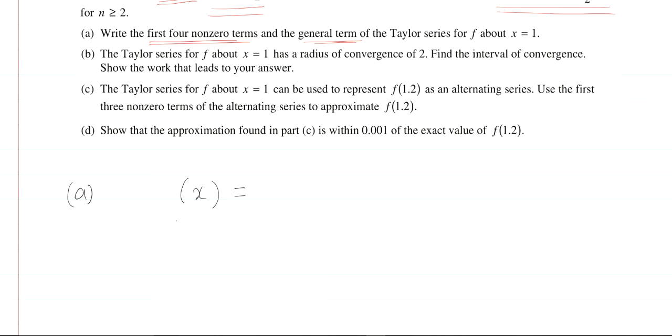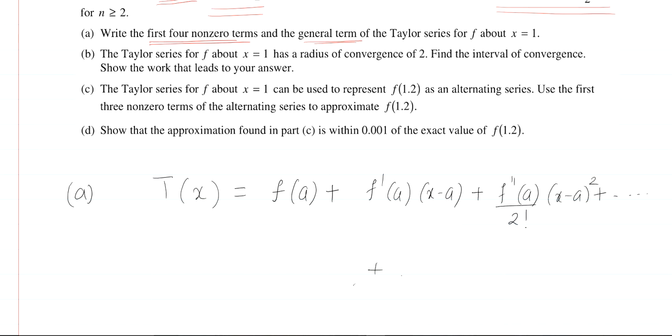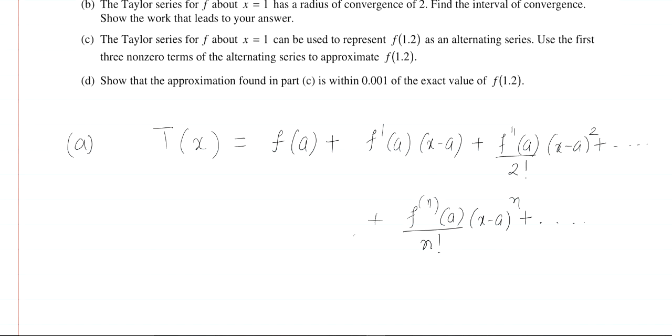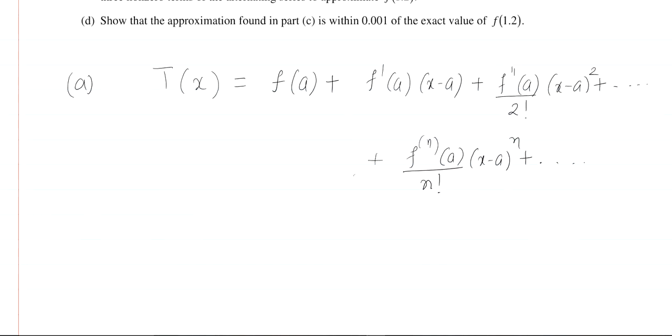The Taylor series for a function f of x about any point a looks like f of a plus f prime at a times x minus a plus f double prime of a over 2 factorial times x minus a squared plus so on. The general term becomes the nth derivative of the function evaluated at a divided by n factorial times x minus a to the power n, plus dot dot dot up to infinity. So this is the Taylor expansion.